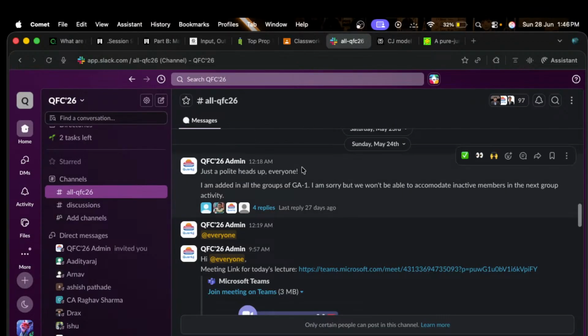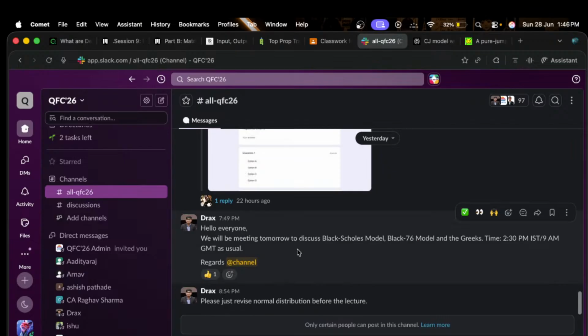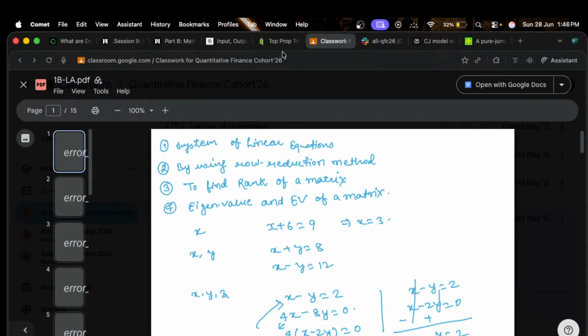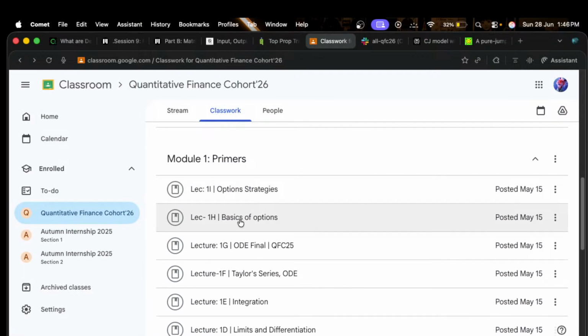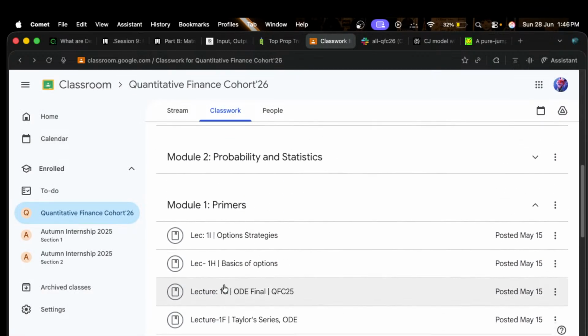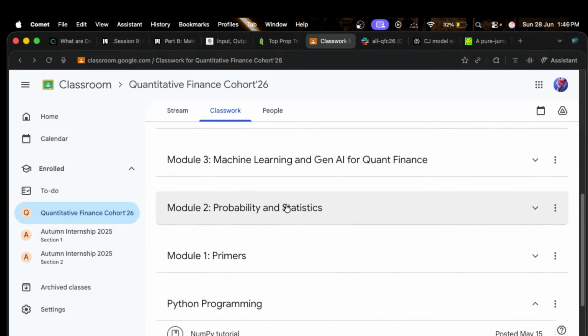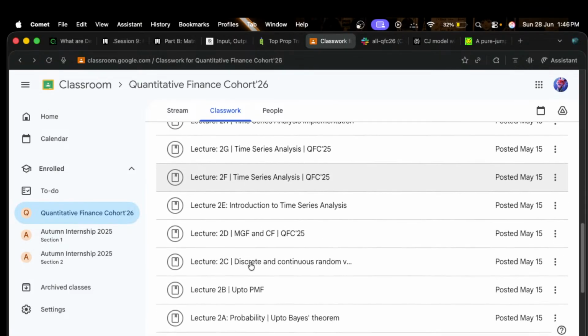I do have to attend a session of the Black-Scholes model right now. We need to catch up to this by finishing the primers. After primers, probability and stats. I will go slow here.